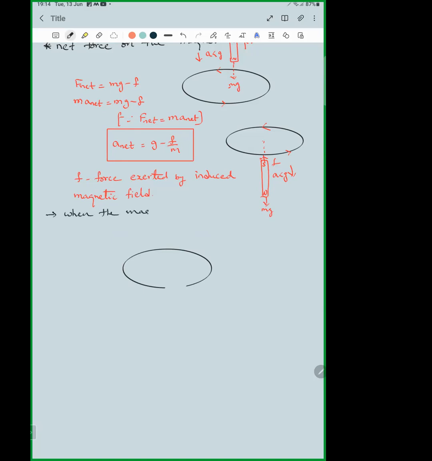When the magnet is allowed to fall through the open ring.